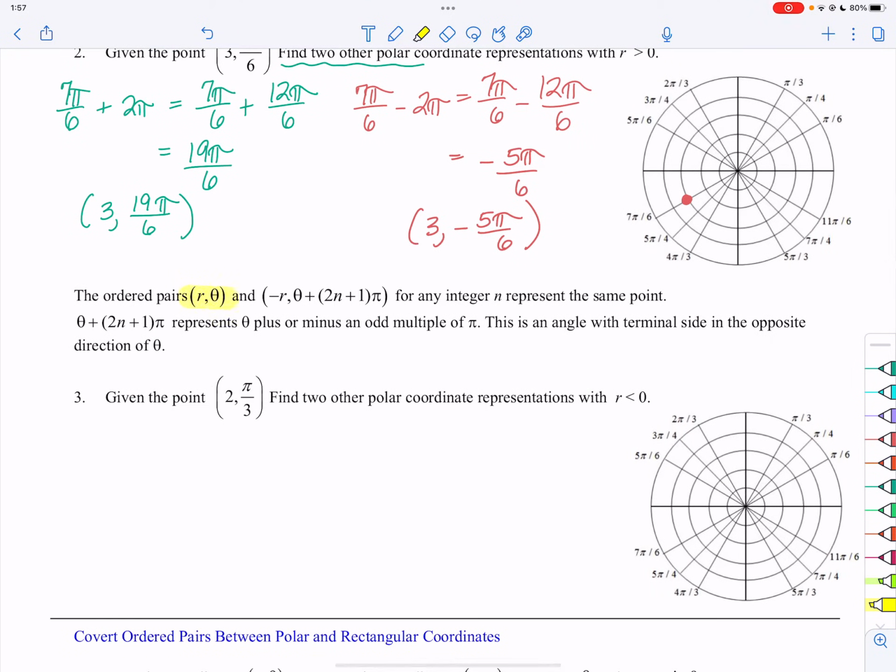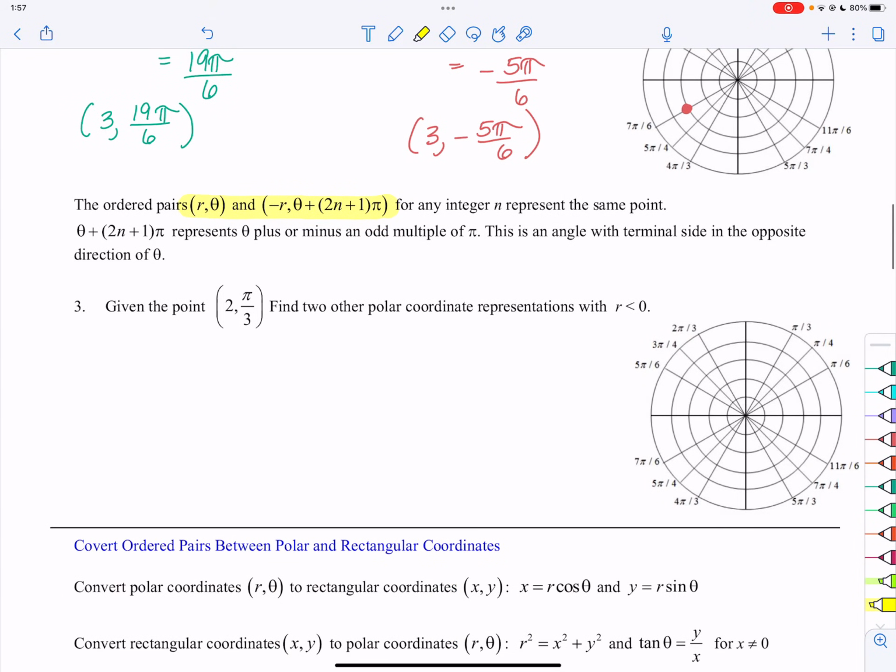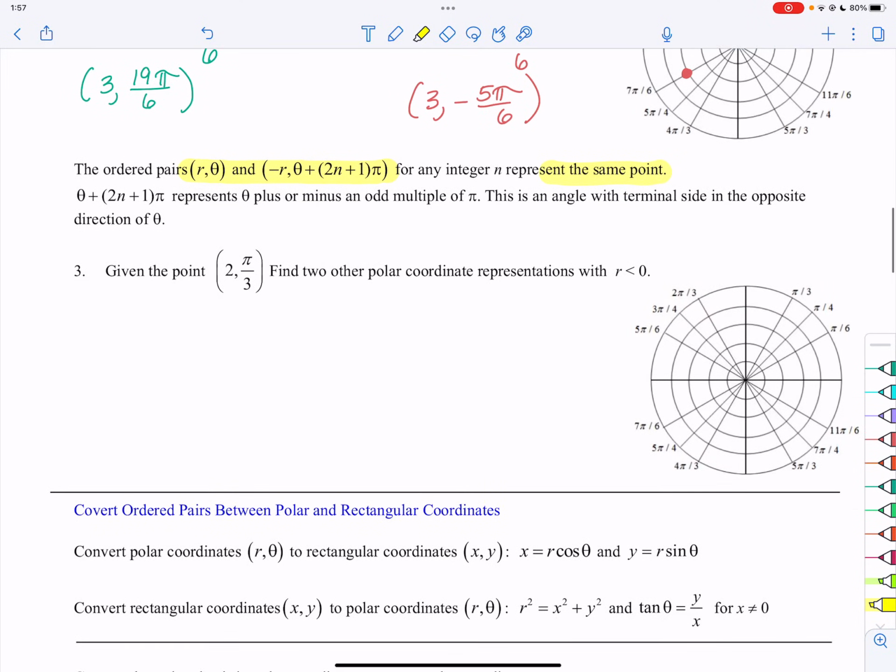The ordered pairs (r, theta) and (negative r, theta plus (2n plus 1) pi) represent the same point. So this represents a plus or minus odd multiple of pi. And this is an angle with a terminal side in the opposite direction of theta.